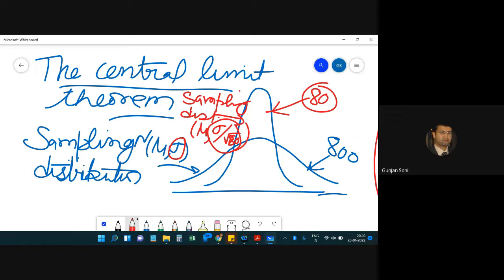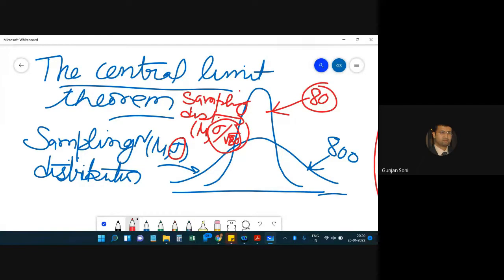Like it is quite possible that you got three very tall guys, like 6 foot 5 inches, in your batch, and somehow they are not covered in this sample, because the outliers or the extreme points are generally missed out in the sample. It's not possible that all three of the tallest boys will come into this sample of 80. So there is a good chance that they might be left out.